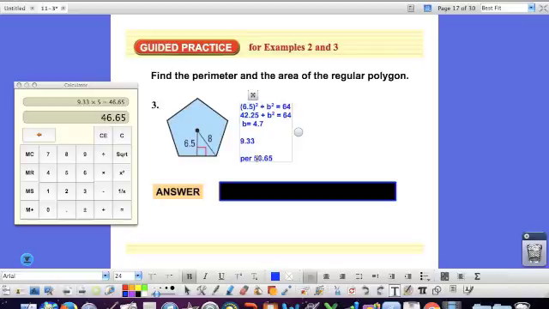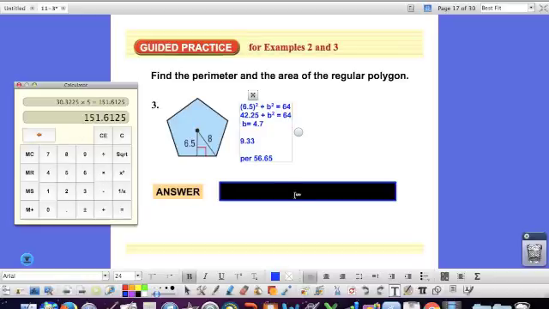Now remember, the perimeter is not how I find the area of this pentagon. I'm going to go back here. Remember, I have a base in one triangle of 9.33 times a height of 6.5, divided by 2 is 30.3225 times 5.